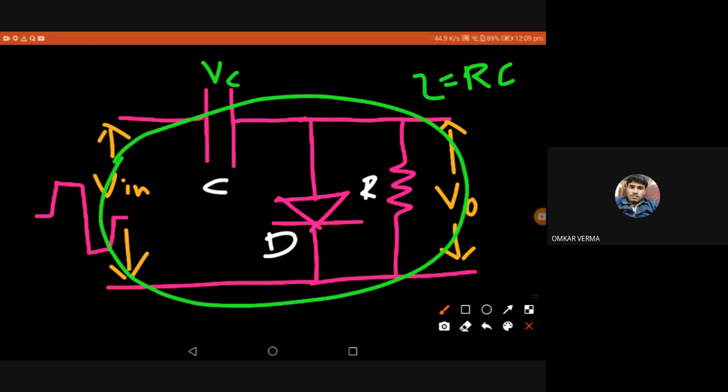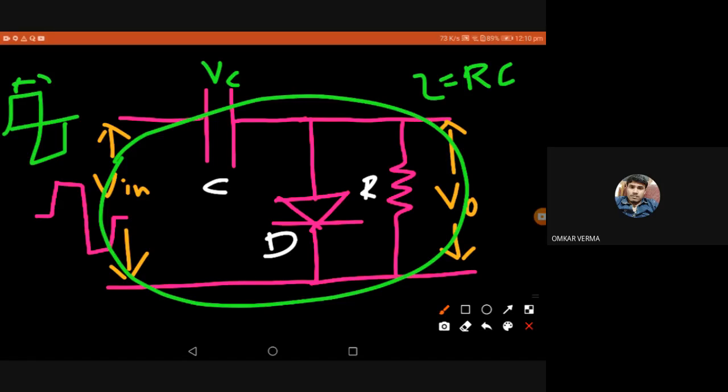So what is the comparison? It should be compared with the input signal. Whatever time constant we decide for the circuit will depend upon the time duration of the input square waveform. Compared to the input square waveform, our capacitor should retain the voltage for a greater time. Ultimately, the reference is our input.